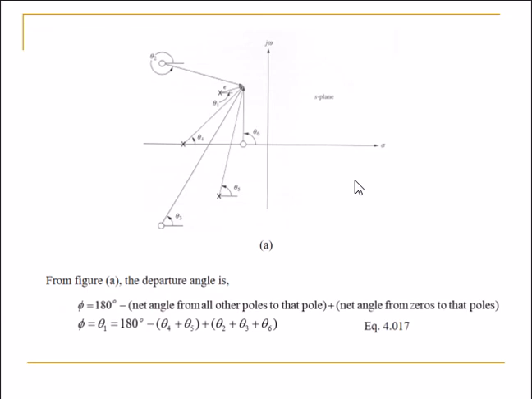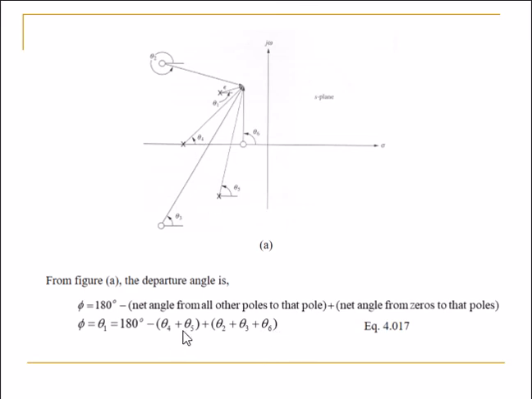This is an example. From the figure, the departure angle is 180 degrees minus theta 4 plus theta 5 plus theta 2 plus theta 3 plus theta 6.